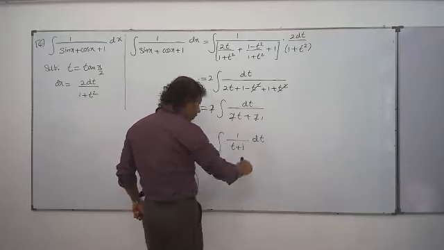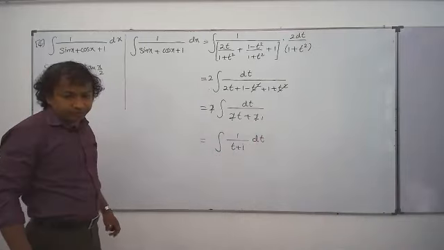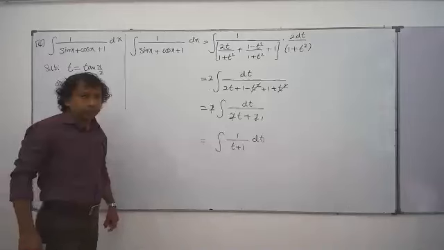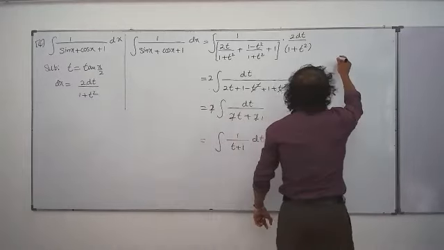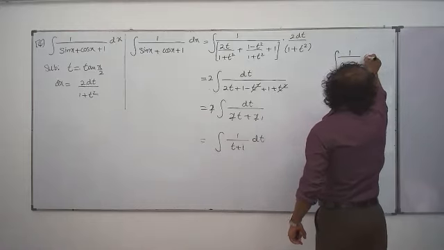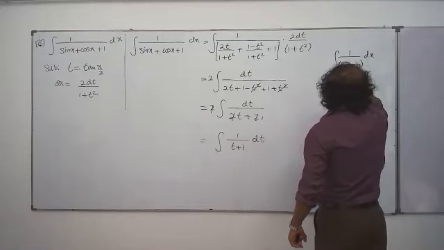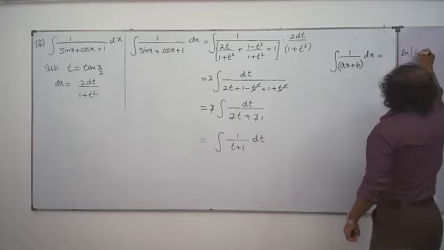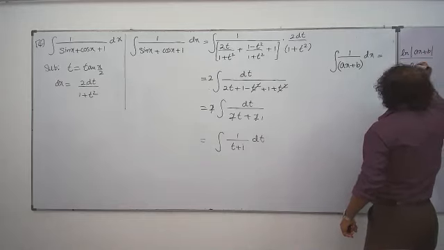dt. People, what is the integral of this? These are the type: integration 1 upon ax plus b dx, a linear function in the denominator. What is the answer of this? ln modulus ax plus b divided by the coefficient of x, a.